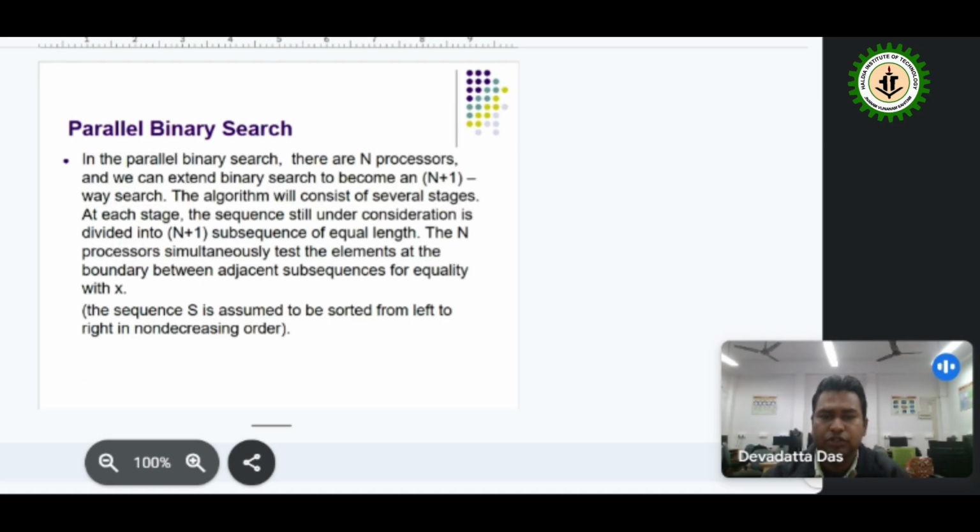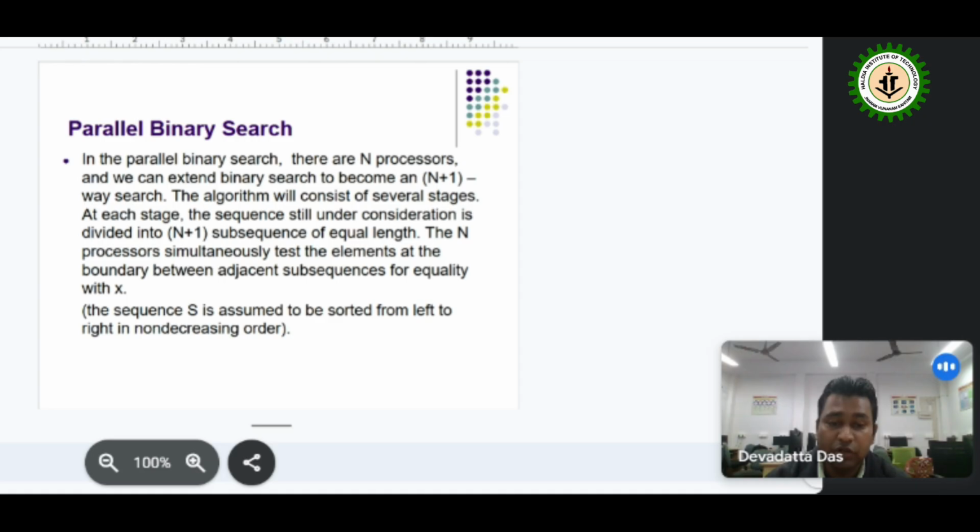Okay, so now I'm discussing the parallel binary search. In the parallel binary search, there are n processors, and we can extend the binary search to become an n plus one way search. The binary search algorithm consists of many stages. At each stage, the sequence of numbers still under consideration is divided into n plus one subsequences of equal length.